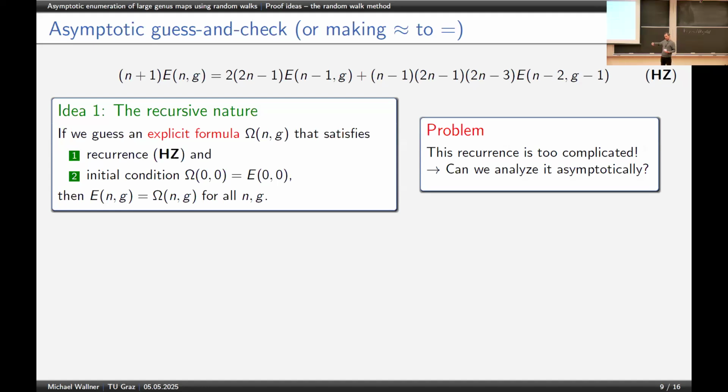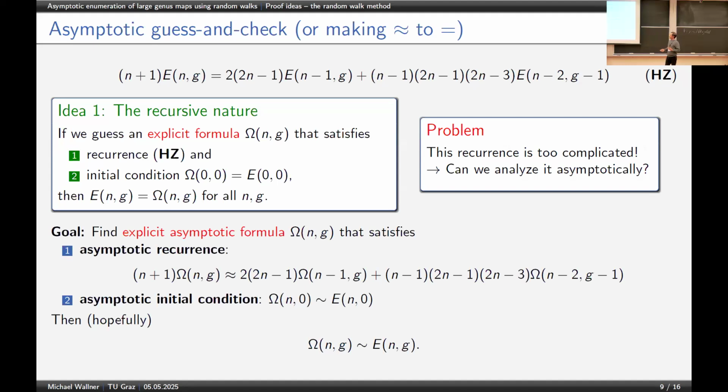So that's why we want to look at it asymptotically. And the idea is now, our goal is to find an explicit asymptotic formula for omega ng such that it satisfies the recurrence relation asymptotically. So basically this means that it's the same recurrence relation you see here, but instead of an equality, this is approximately the same.